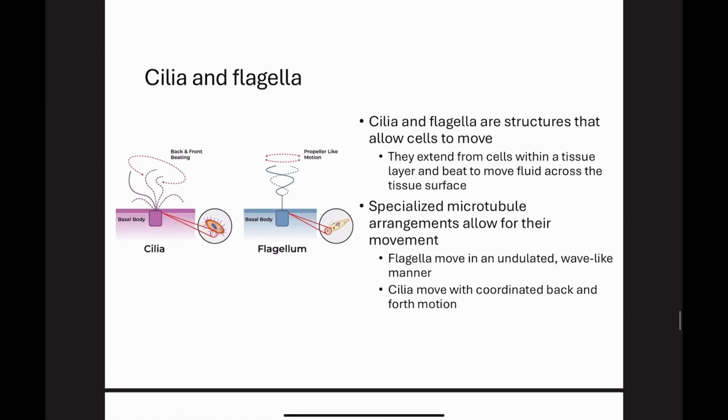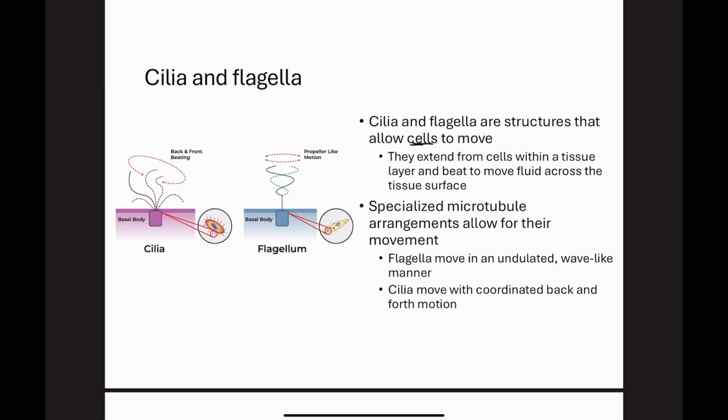So cilia and flagella are these structures that allow our cells to move. They are special microtubule structures that are going to help our cells to move in 2 different ways. So first, they're going to extend from the cell, from a tissue layer, and then they're going to beat in order to move the fluid across the tissue surface.